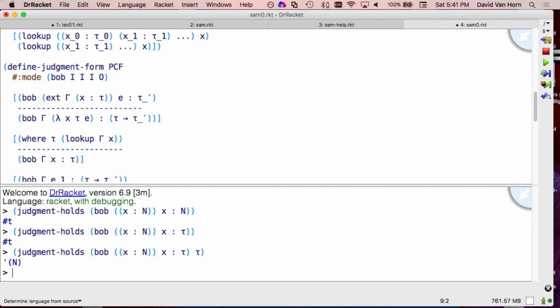So here I'm saying, is there a type? And if there is a type, let me know what it is. And now you'll notice that it's giving you back a list of things because it's a relation. There could be many types in general, right? Not in this particular case, but in general, there could be many types that expression could have, and it will give you back all of them.